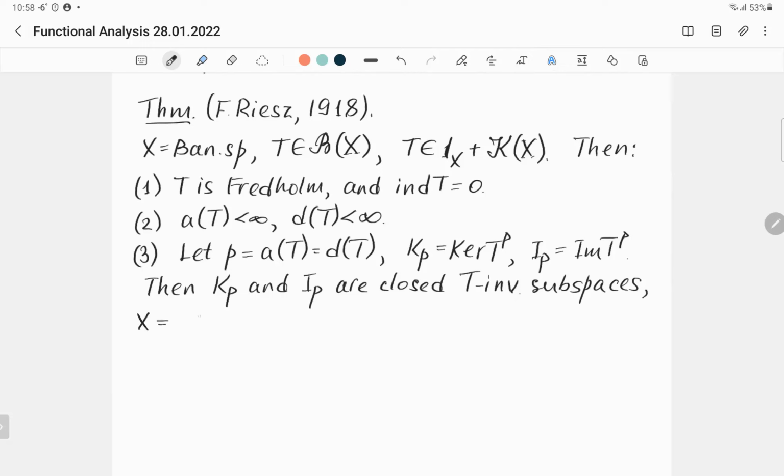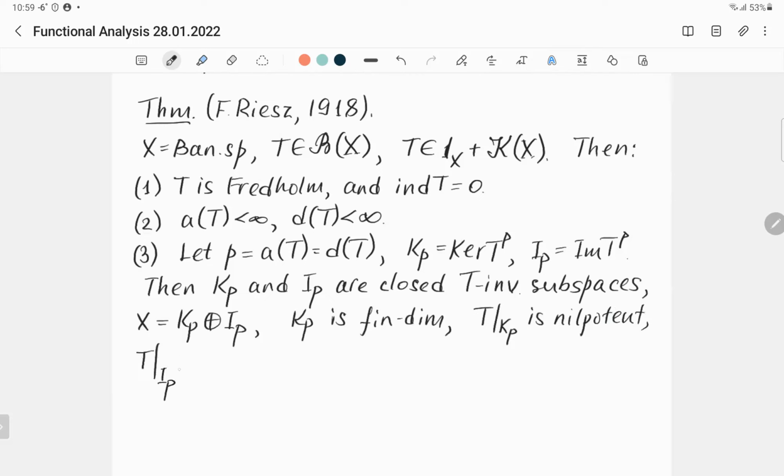X is the direct sum of Kp plus Ip. Kp is finite dimensional. T restricted to Kp is nilpotent. And T restricted to Ip is a topological isomorphism of Ip onto itself.